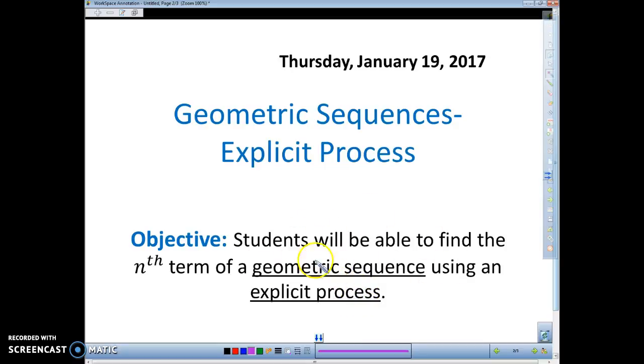Remember that we have talked about the past couple of days a geometric sequence just being a sequence of numbers such as 2, 4, 8, 16, so on and so forth, where we are multiplying or where we are dividing. We're going to use the explicit process to help find the nth term, to find any term. Please remember to have written down the objective.